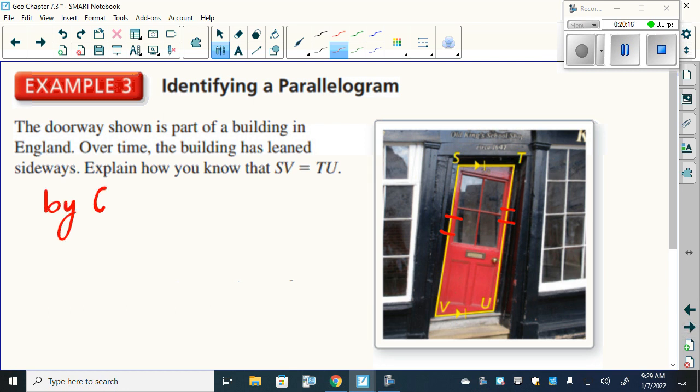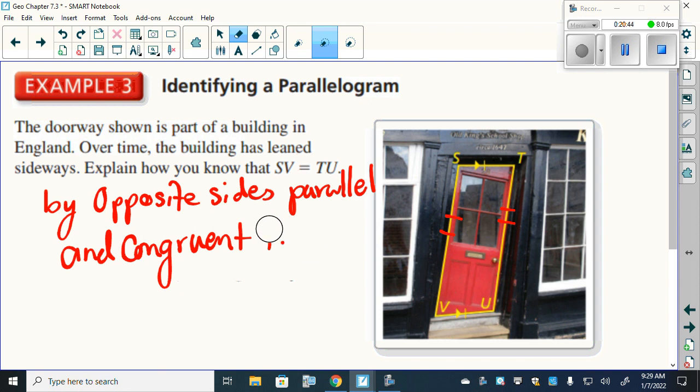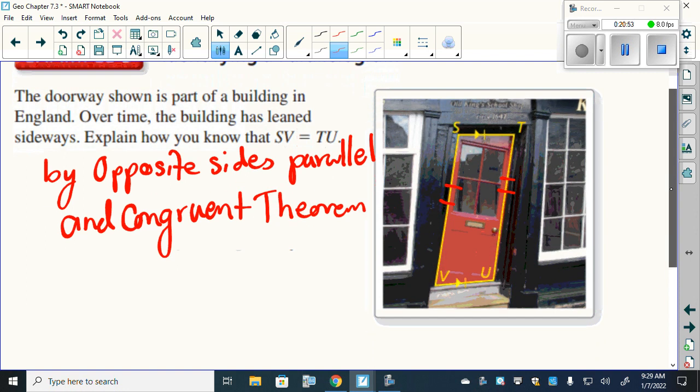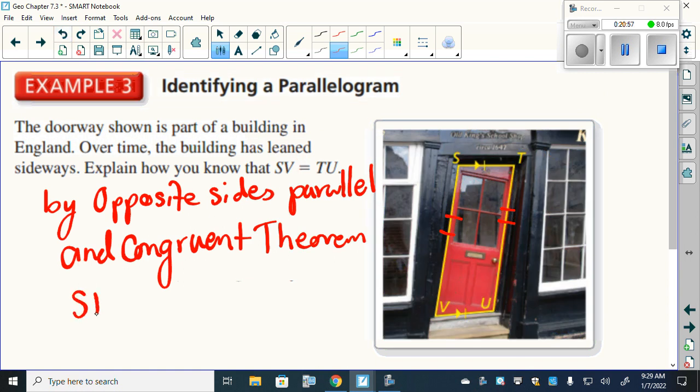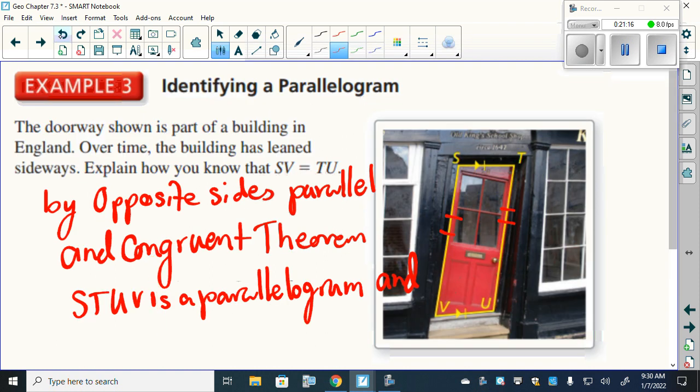So by opposite sides parallel and congruent theorem, circle that whole thing, STUV is a parallelogram, and what did we want to say? That SV is equal to PU or UT.